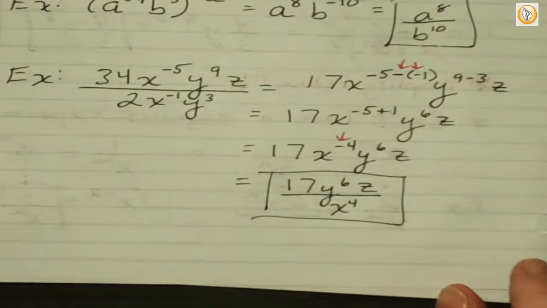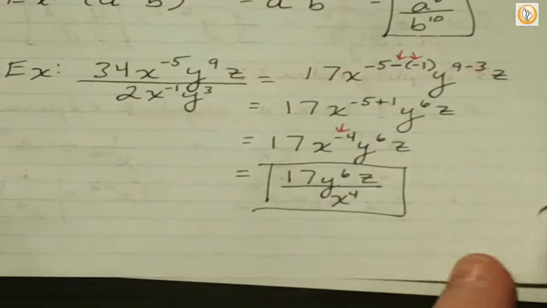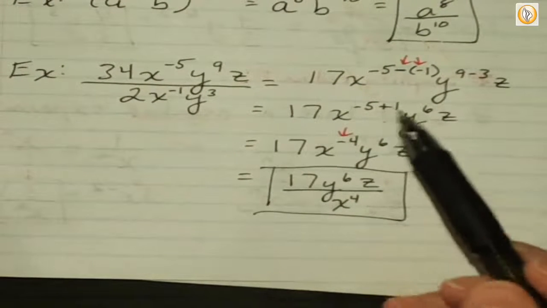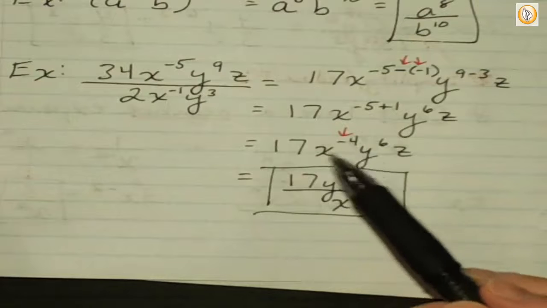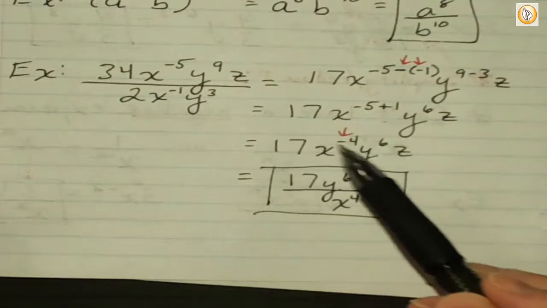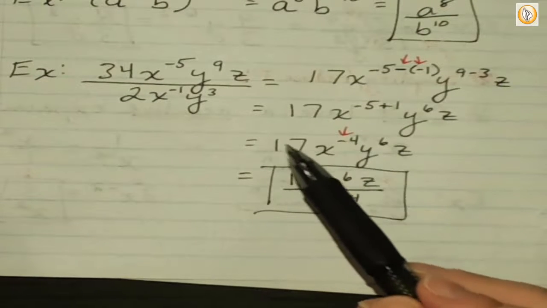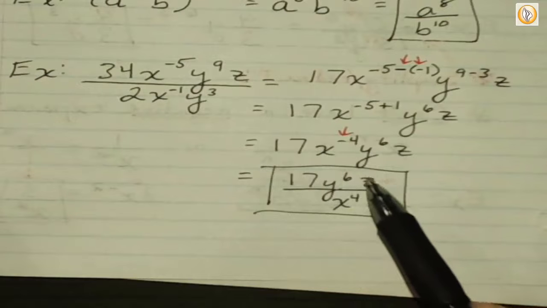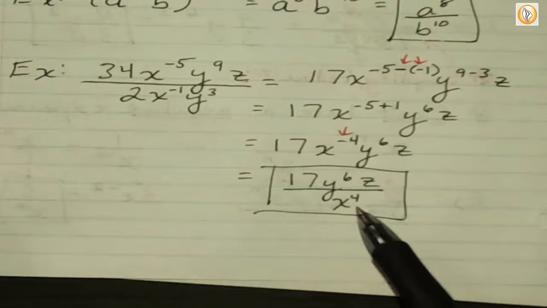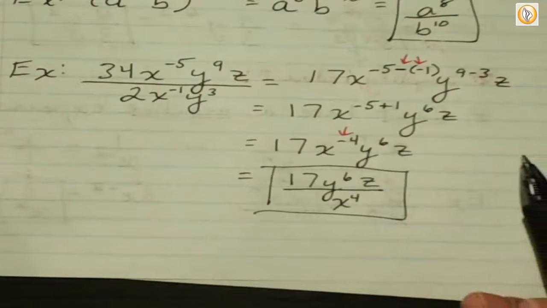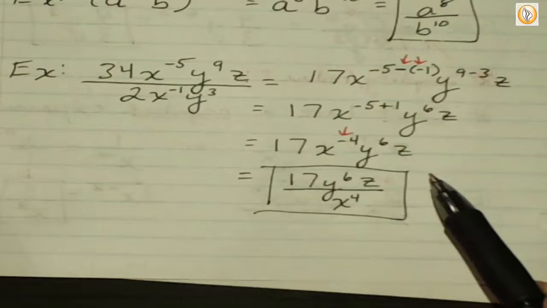Good job. Any questions? Yes, go. Any questions though? Notice this x is the only one with a negative exponent, so he left everything else on top and just put that x down there. Yes. Could you just put the x under the 17?